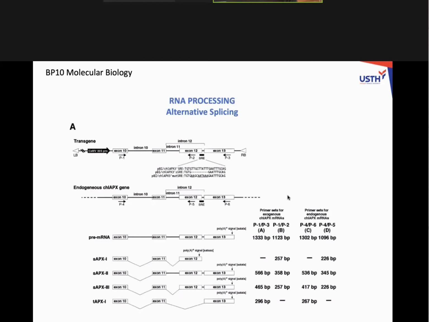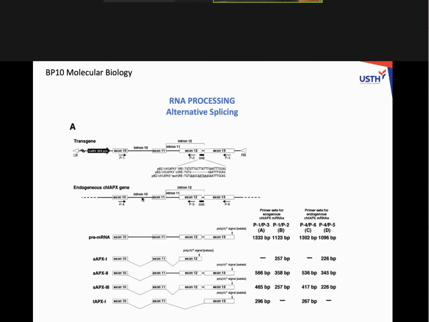This is only the end of the gene, because you see the numbers. It's composed of plenty of exons and plenty of introns. There are at least 13 exons. This is intron number 11, number 12, the little one here, and so on and so on.